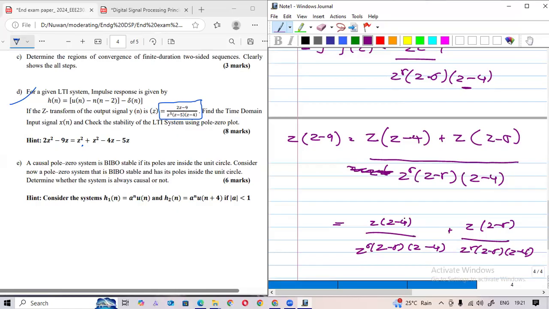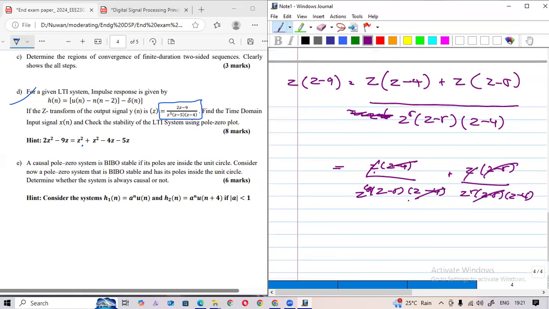You can see that here z minus 4 cancelled, and here z minus 5 cancels. Here you will have z minus 4.